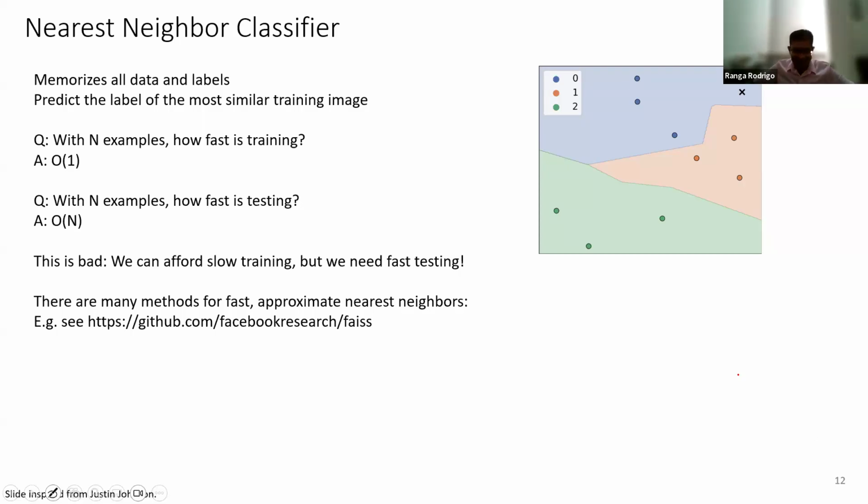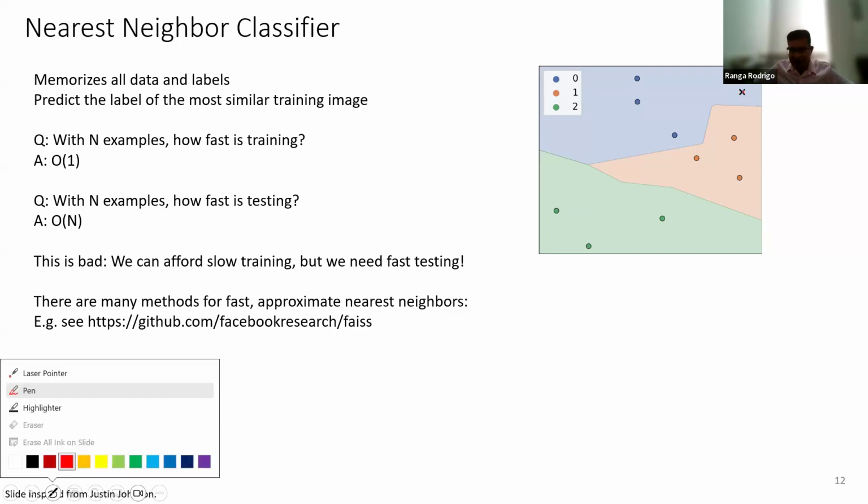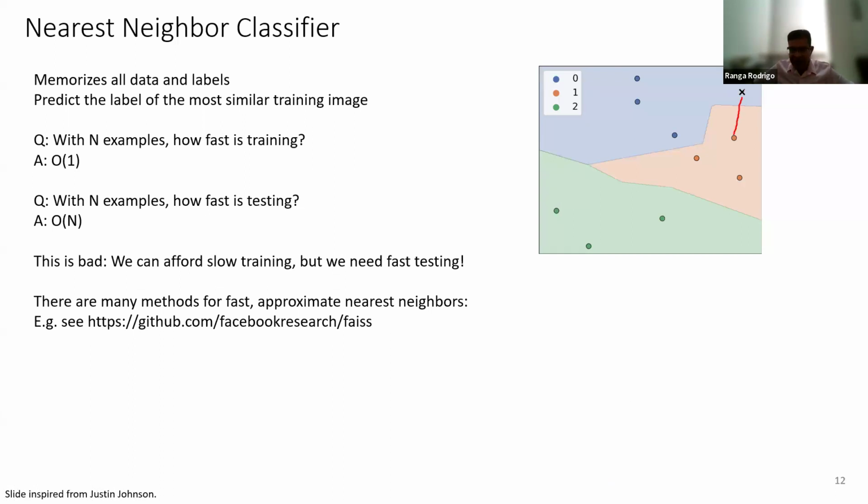Okay. I'll tell you the answer. Now what we do is we compute the distance from this example of unknown class to all the training examples, to this one, to this one, to this one, and finally the distance to this one.